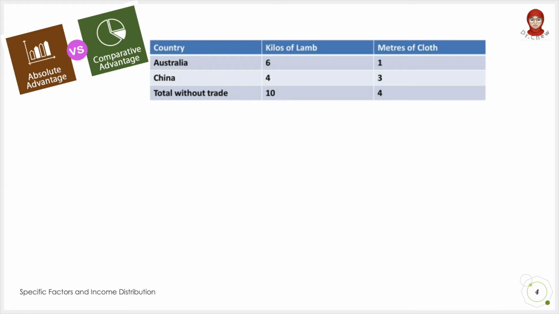This table shows two countries, Australia and China, which are not trading with one another, at least for now. Both countries produce lamb and cloth with the assumption of fixed resources of labor. Let's say one labor produces 6 kilos of lamb or 1 meter of cloth in Australia, whereas one labor produces 4 kilos of lamb or 3 meters of cloth in China.